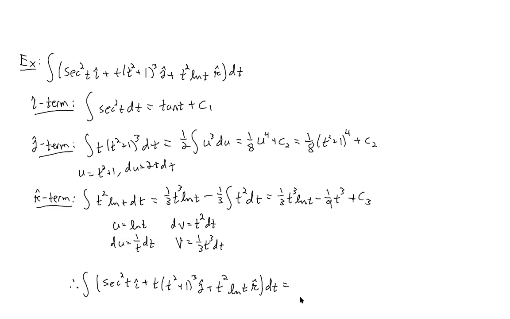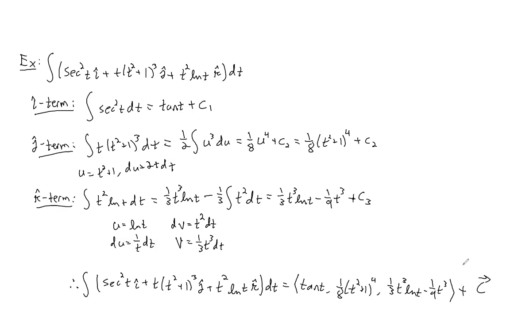But the way I'm going to do it instead is I'm going to write this as the vector tan t, 1/8 (t squared plus 1) to the 4th. Oops, sorry. And 1/3 t cubed ln t minus 1/9 t cubed, plus a vector c.